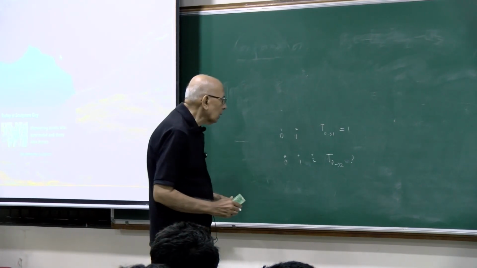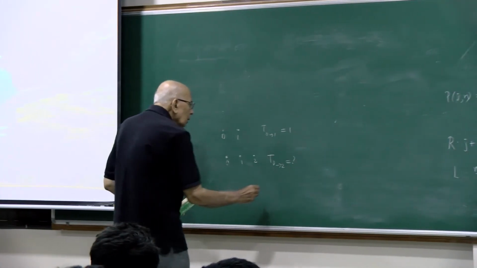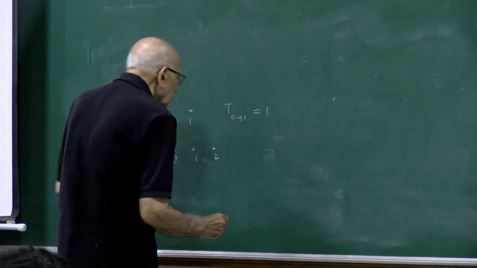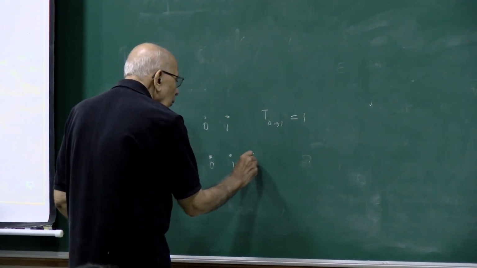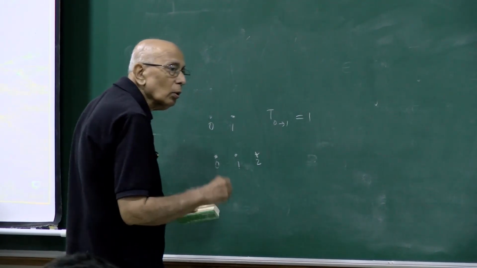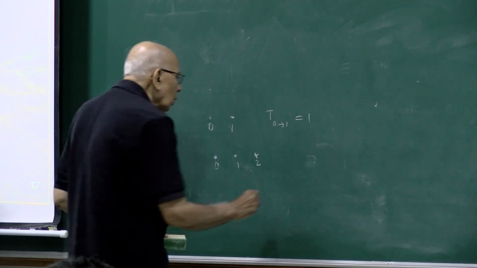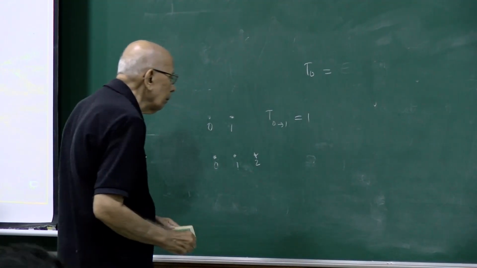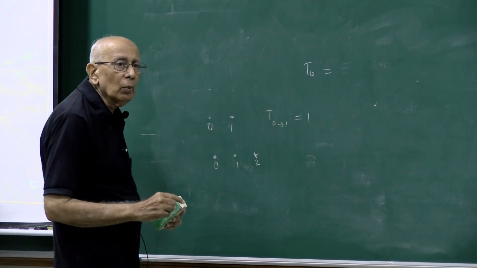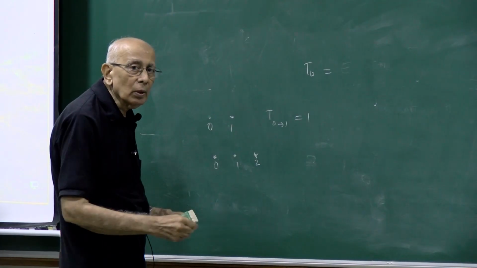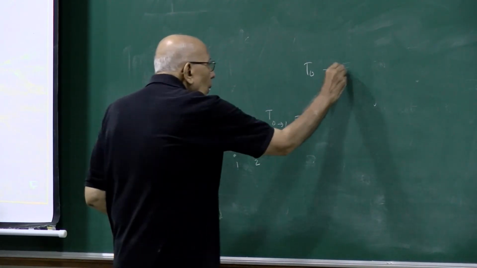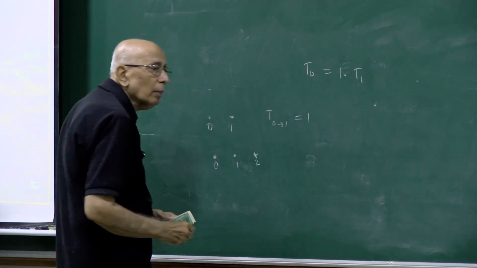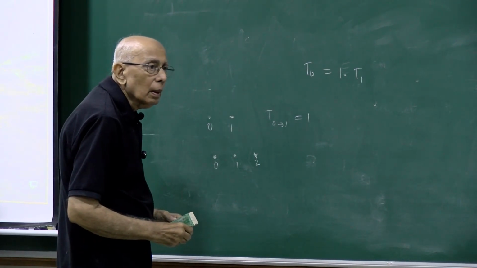Then I argue like this. Let me call this number T0: the mean time to hit 2 for the first time starting at 0. With probability 1, at the end of one time step, I go to site 1, multiplied by T1.